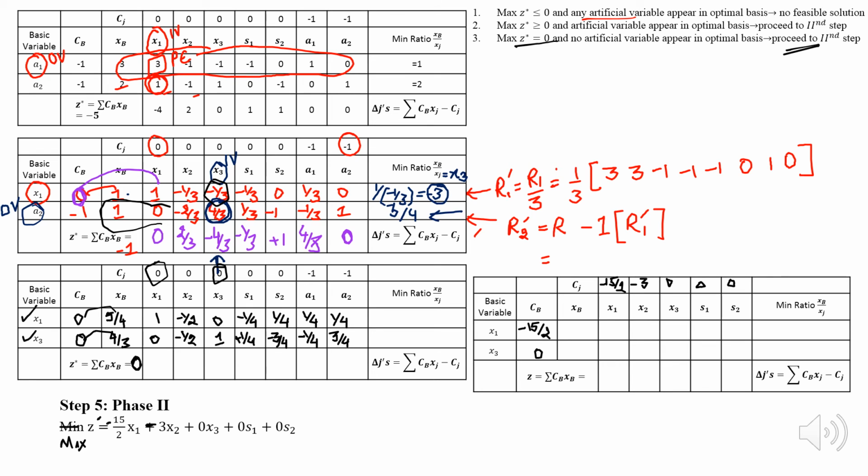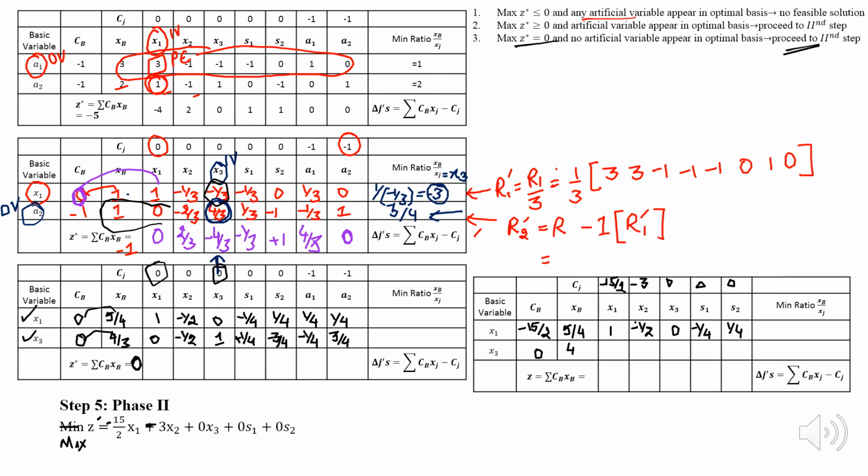Then now we will see our table will remain the same. Now we are not changing anything, we will just copy that from here: minus 1 by 2, 0, minus 1 by 4. We just eliminate in that table our artificial variables.